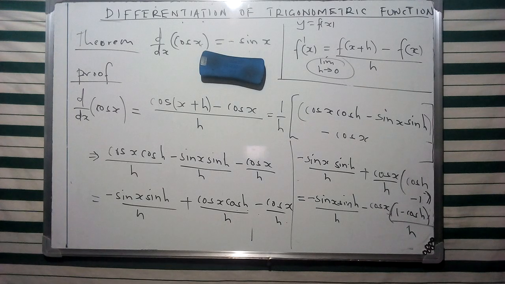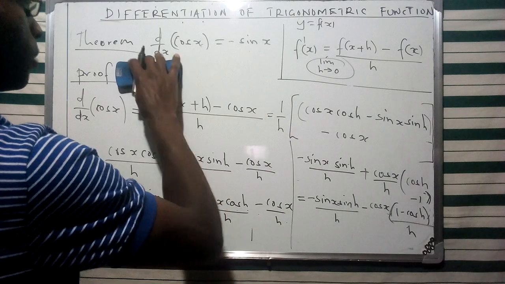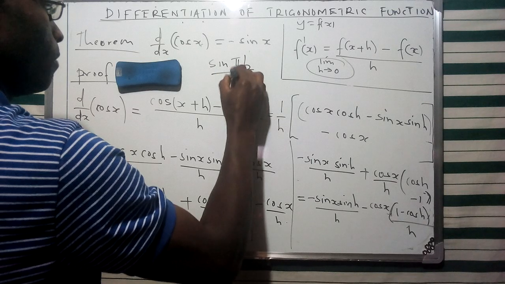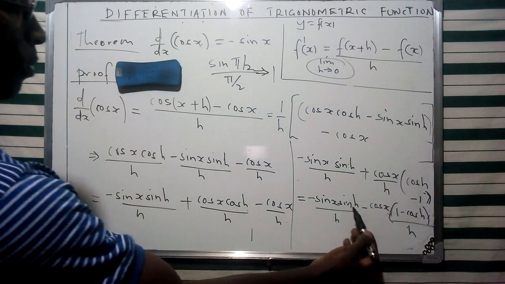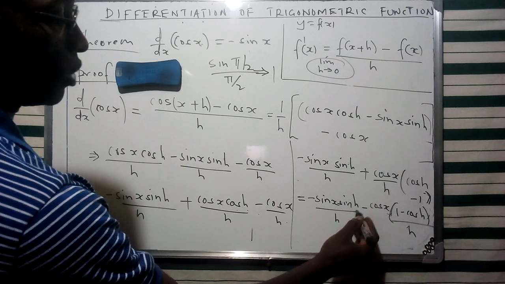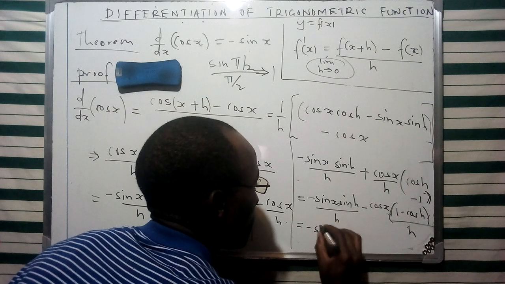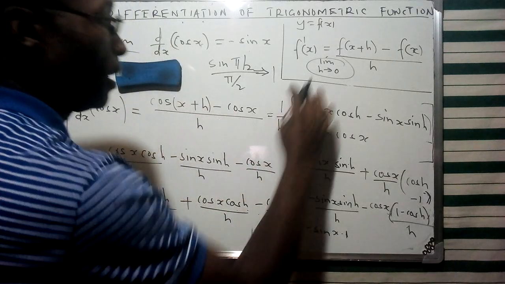So if we look at this section for the first one, we have sin h over h, which is given in terms of a negative sin x times 1 as h tends to 0.